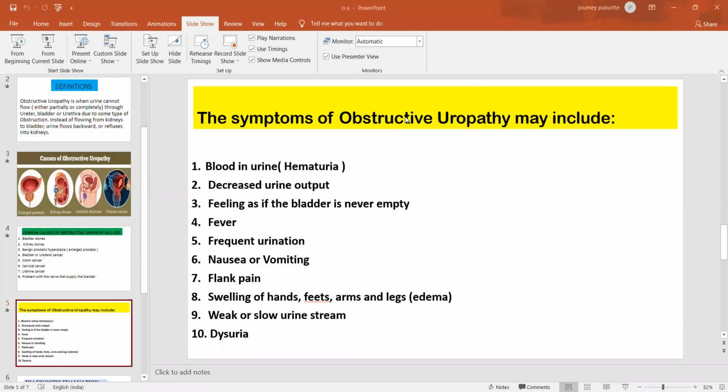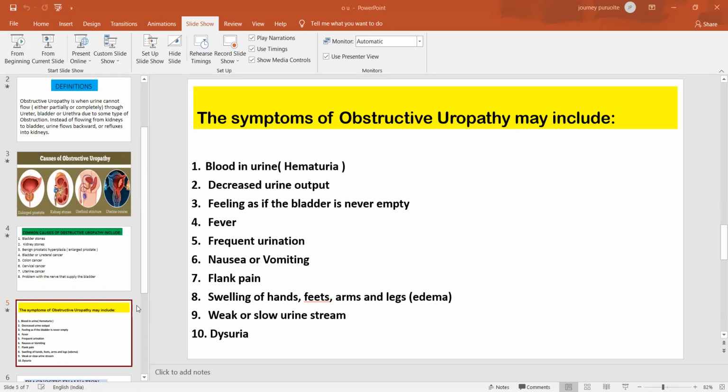Okay, all of you, when I discuss acute renal failure, I have given you some important terms. Go and check once in your copy. And after that you inform me. All of you see the important terms I have given you.